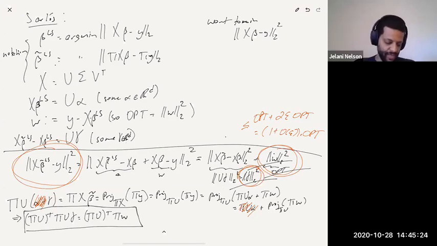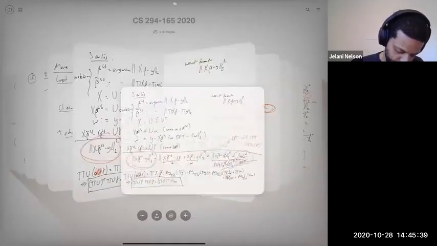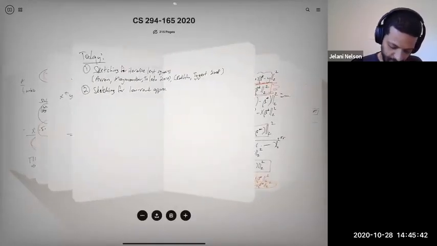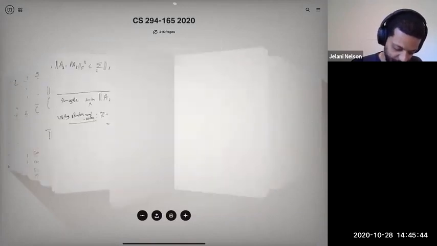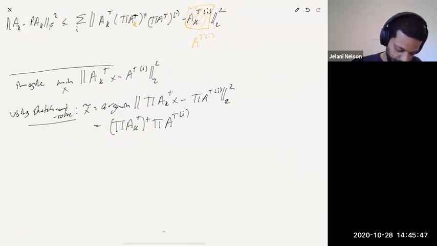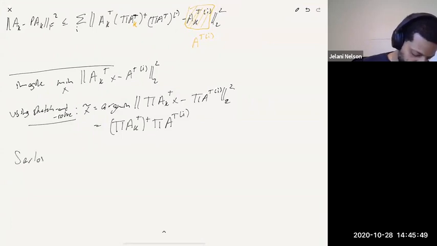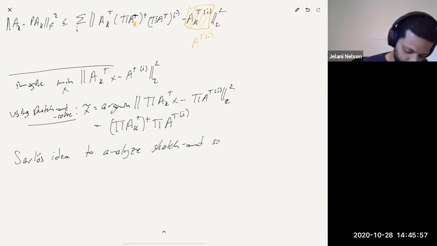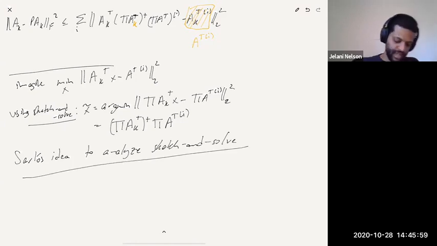So in particular, if you look at the definition of gamma here, let me copy over some of this stuff to our situation. So Charlotte's idea is to analyze sketch and solve. He made a few definitions.